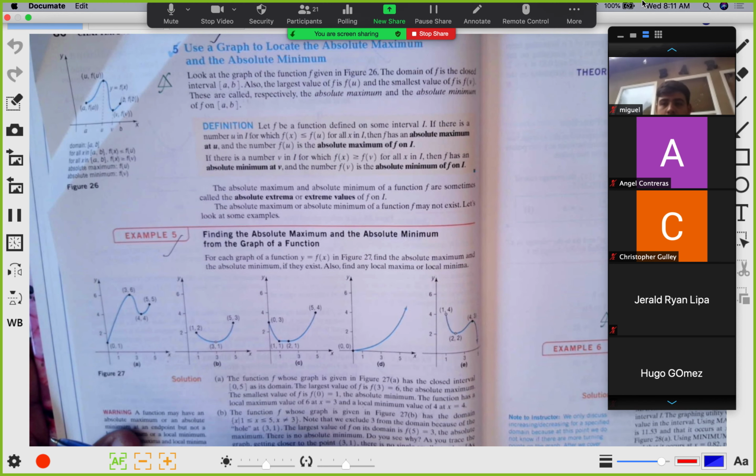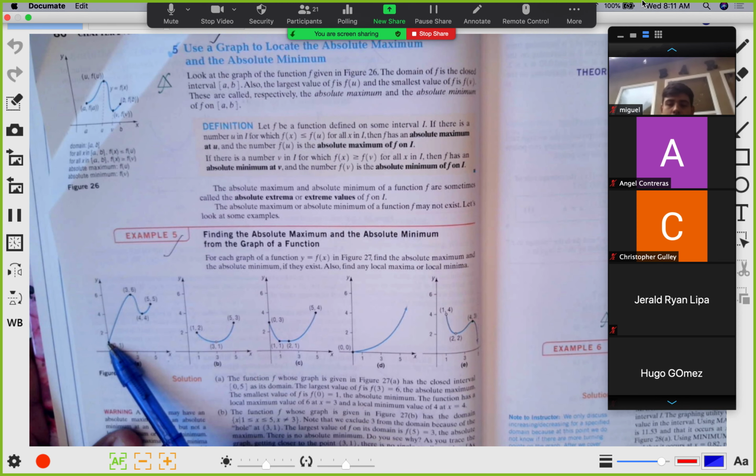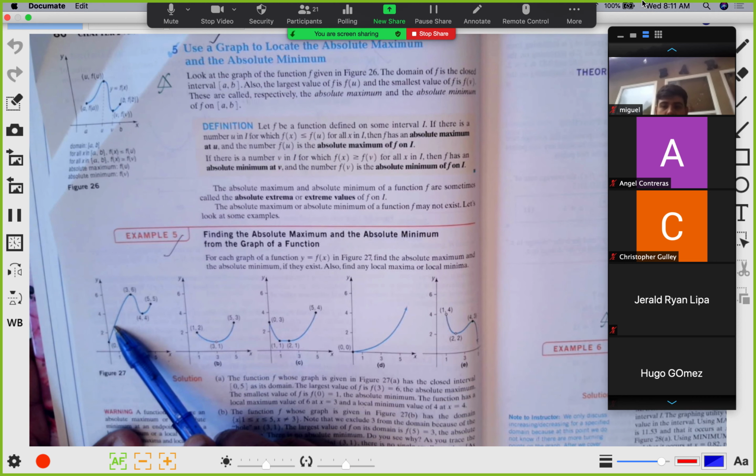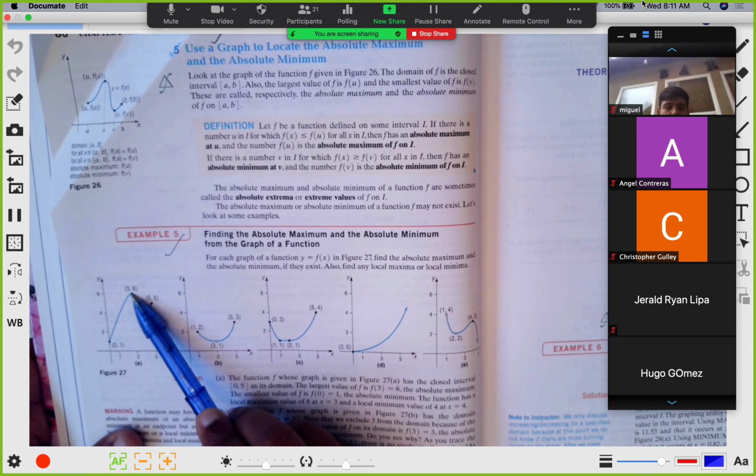So this point will be my what, minimum or maximum? Minimum, because it's coming from decreasing to increasing. What about this one? It's going from increasing to decreasing, so this is maximum.